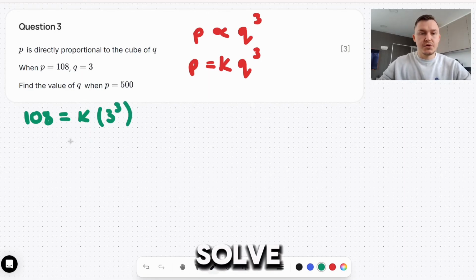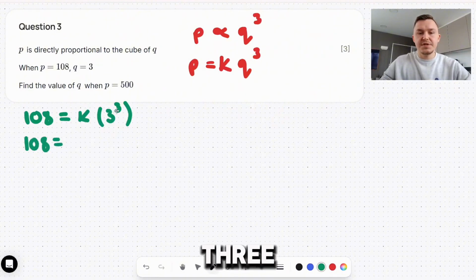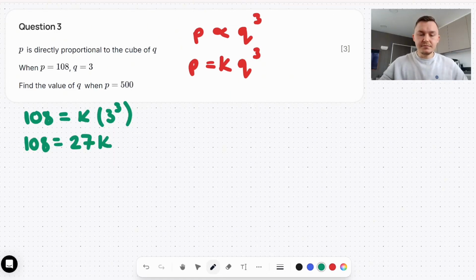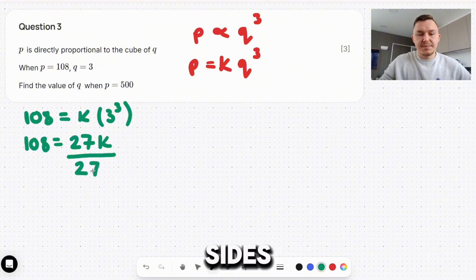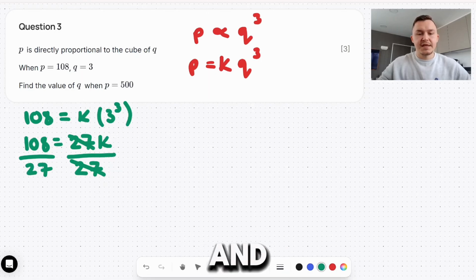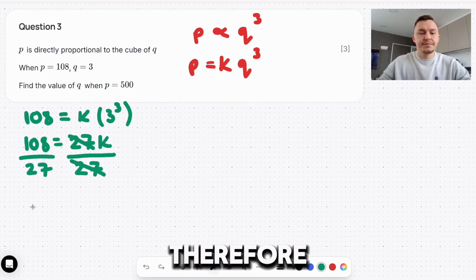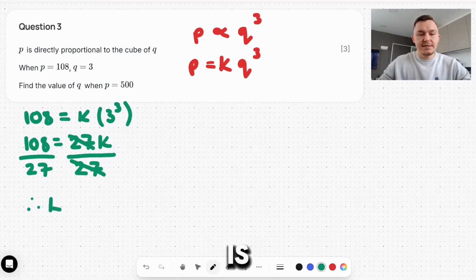And now I can solve this for K. 108 is equal to 3 times 3 times 3, which is 27, K. Now I can solve for K by dividing both sides by 27 to remove this 27. Whatever I do to one side, I must do to the other. And I can now see that therefore K is equal to 4.